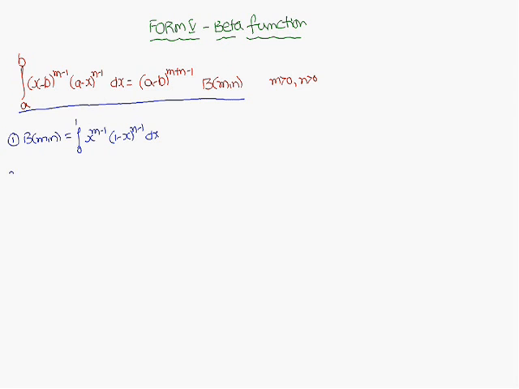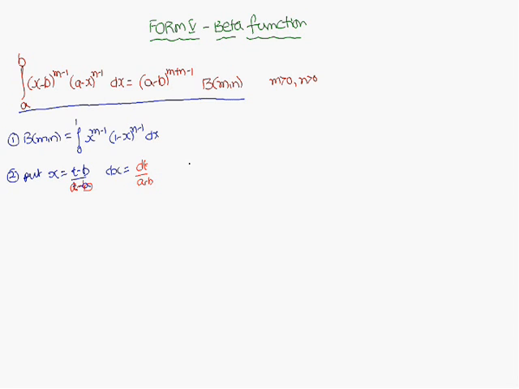So put x is equal to t minus b by a minus b. So dx is equal to dt by a minus b.